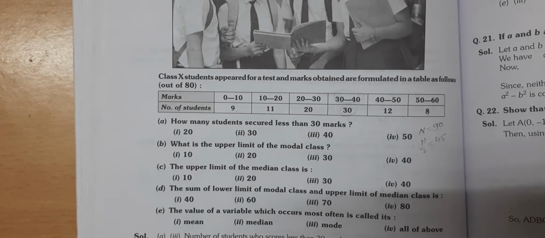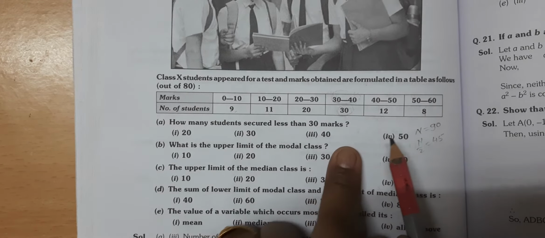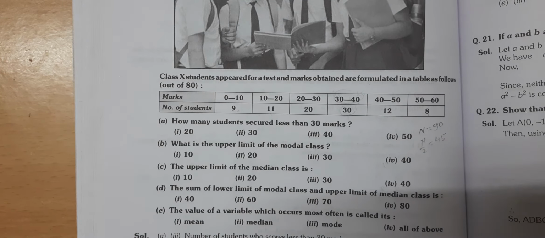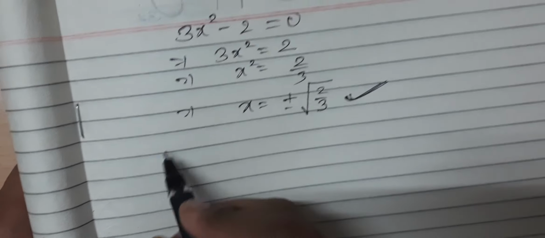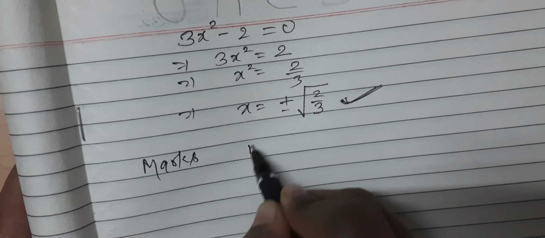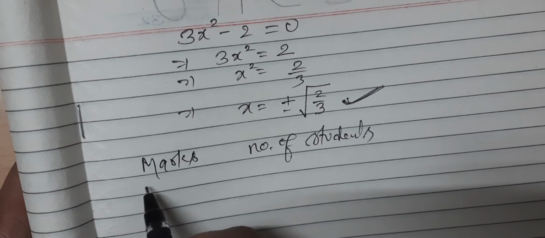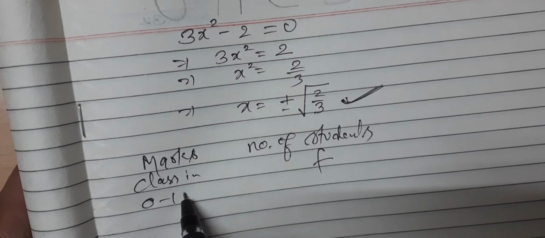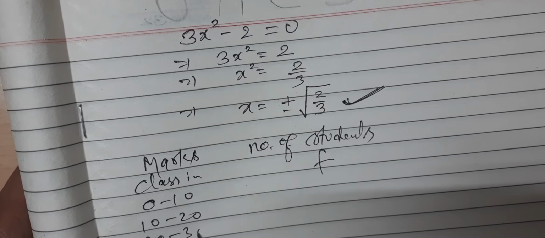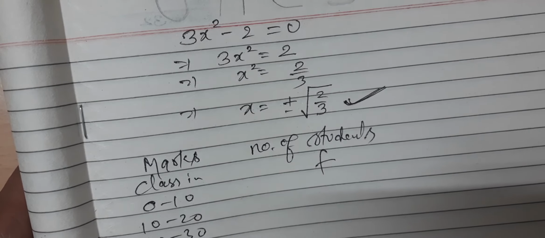Let me write in my copy and I will explain. Here the class interval is given, marks, then number of students. This is called the class interval and this is the frequency. Here 0 to 10, 10 to 20, 20 to 30, 30 to 40, 40 to 50 and 50 to 60.